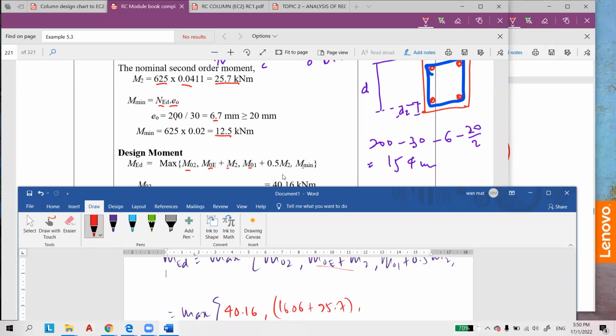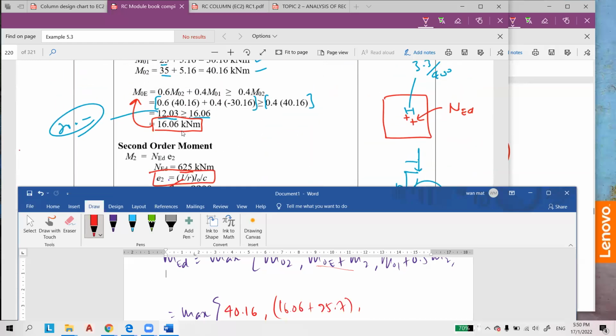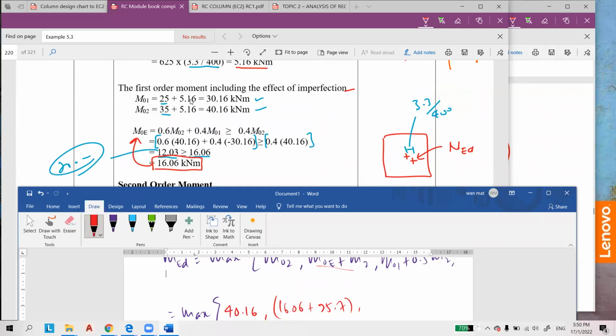35.7, and then M01 plus 0.5 M2. Our M01 is here, 30.16, plus 0.5 M2.